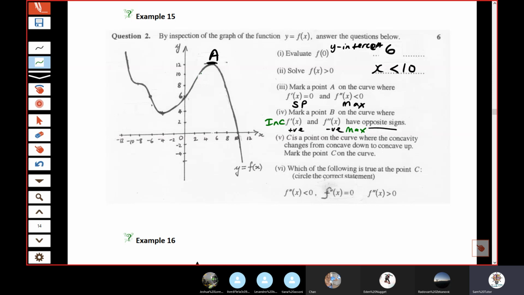And can you see right here it's increasing? I'm just going to put right there B. If you did it the other way around, it would still work. It would have been a minimum and decreasing, which is right there. So that could have also been B. That's why they didn't care, as long as it's an opposite sign. Okay, all good.